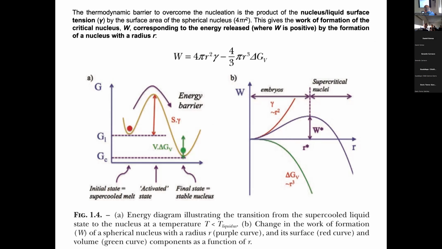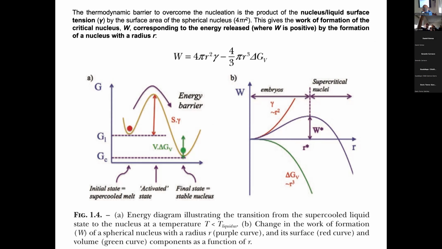And just to simplify this, we can think about work, the work that has to be done to stabilize these nuclei. And so the W is just the work of the formation of a critical nucleus, that corresponds to the energy released, basically, in the formation of a critical radius.